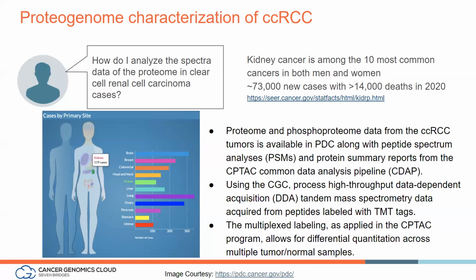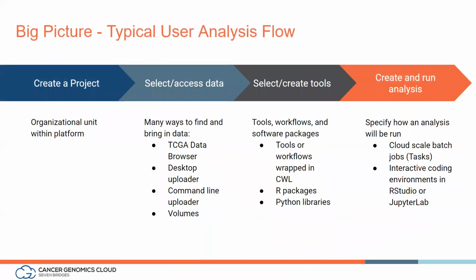We're doing the first stages of the characterization, and we'll get more into that later. But to frame everything, we're focusing on kidney cancer and how we ingest data from the Proteomics Data Commons and start analyzing it in the CGC. Okay, so that's the big picture.